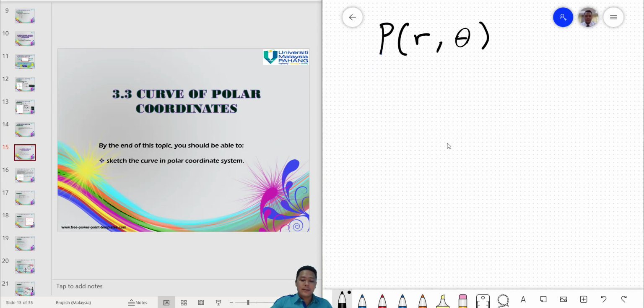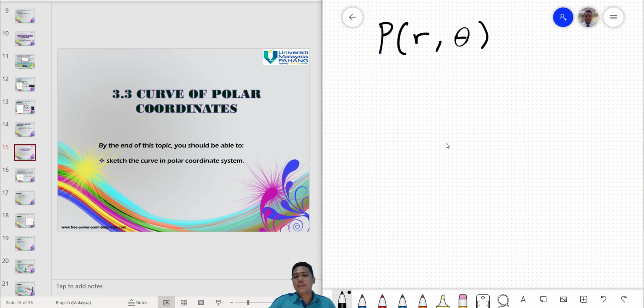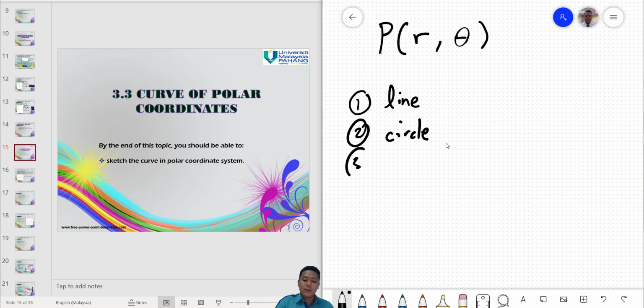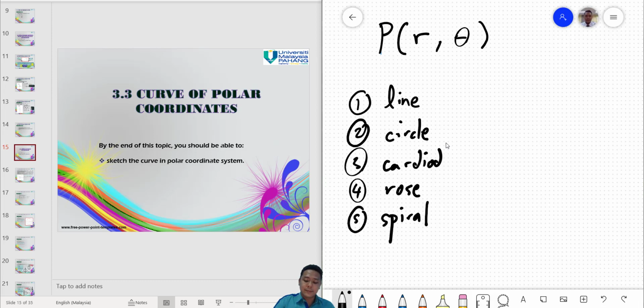Based on this, we can develop several polar equations which can form several shapes, which include a straight line, a circle, and also a cardioid. It can also form several other shapes like rose and even spiral. So we will cover 1 until 3 for the content of this subject.